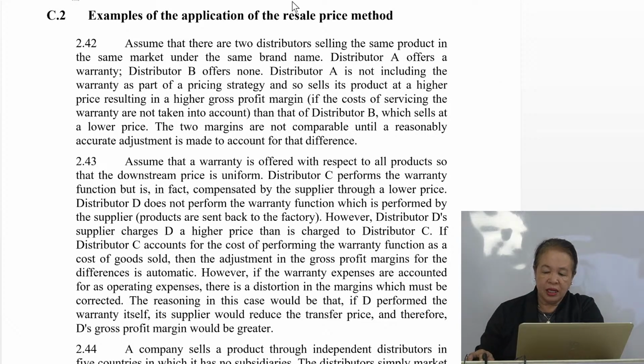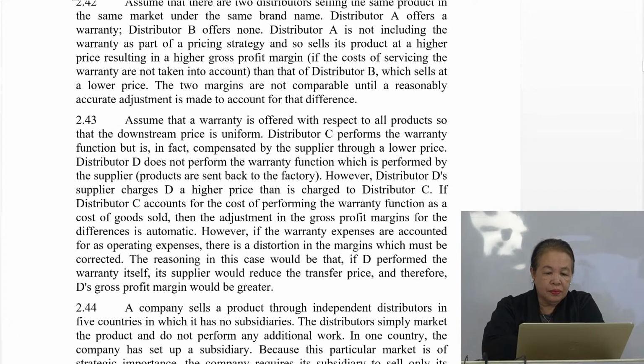Why? Kasi charge niya sa cost of goods sold. And of course, kung affected yung cost of goods sold, then affected yung gross profit. However, if the warranty expenses are accounted for as operating expenses, there is a distortion in the margin which must be corrected.